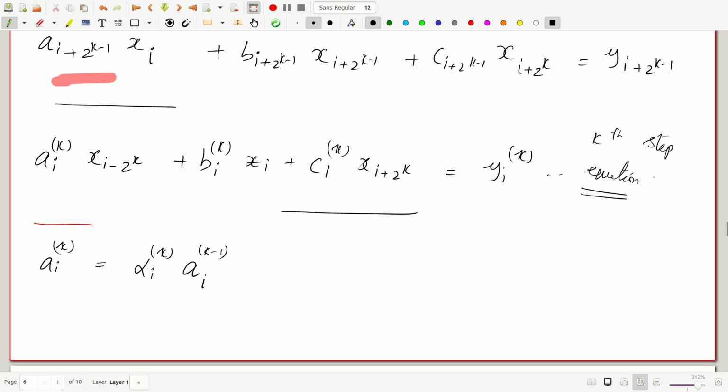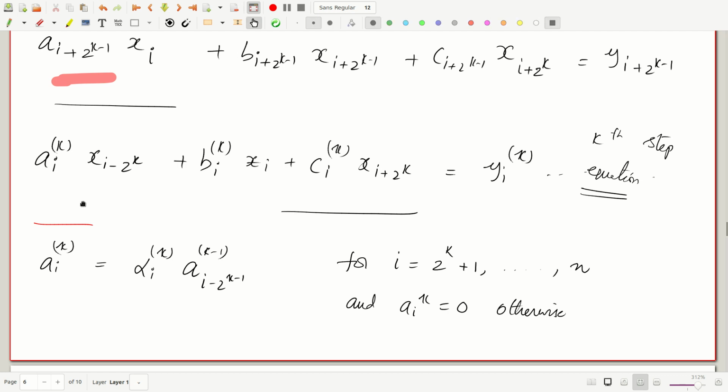And then you have a_{i-2^{k-1}}. Okay, so this is valid for i equals 2^k plus 1 all the way to n, and a_i^k equal to 0 otherwise. Okay, so only for these values of i it is given by this, otherwise it is 0.